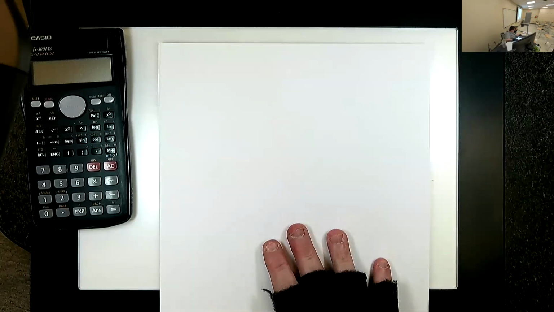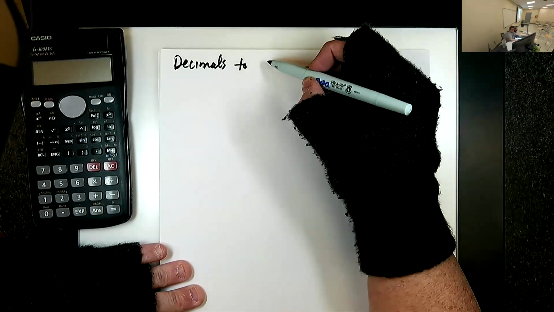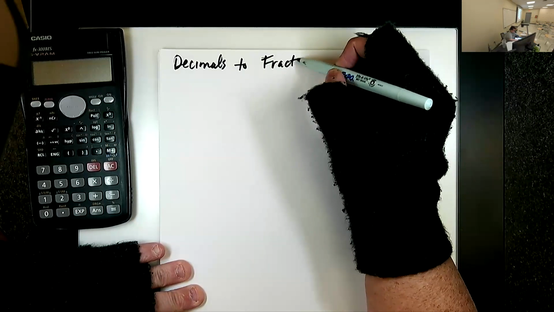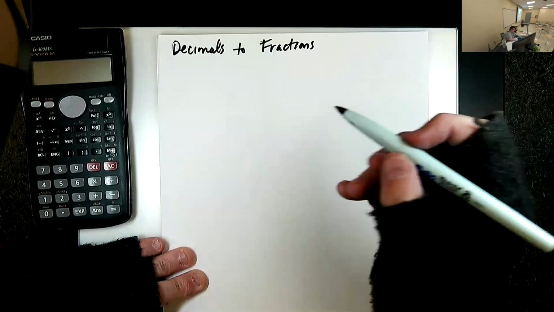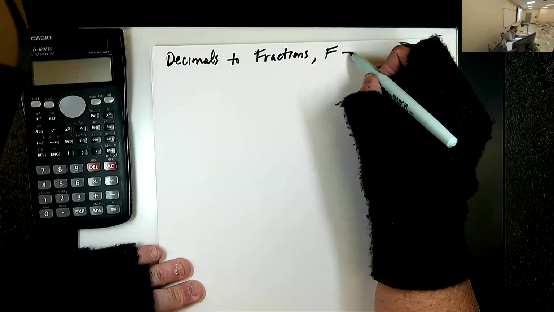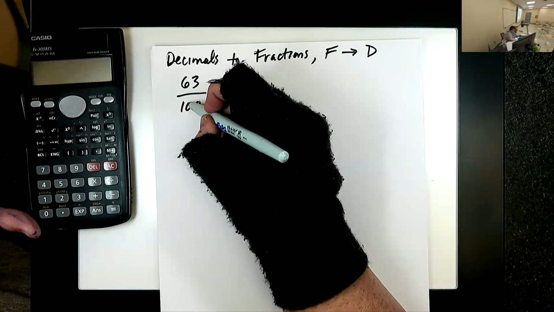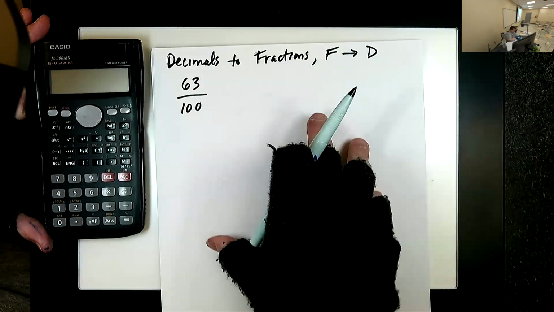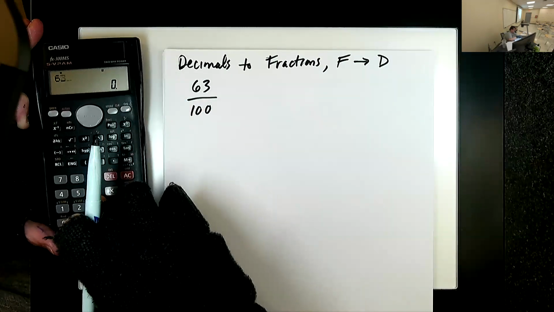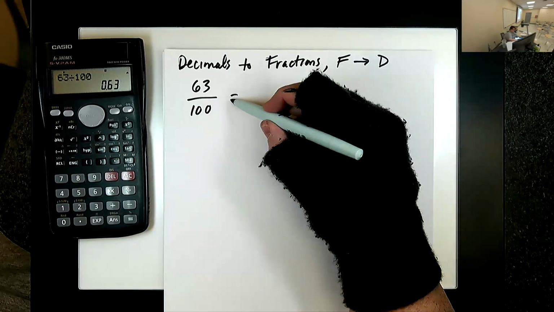Decimals to fractions and back again. Actually, it might be easier to go fractions to decimals first. Let's start with there. If I had 63 over 100, I get 0.63.